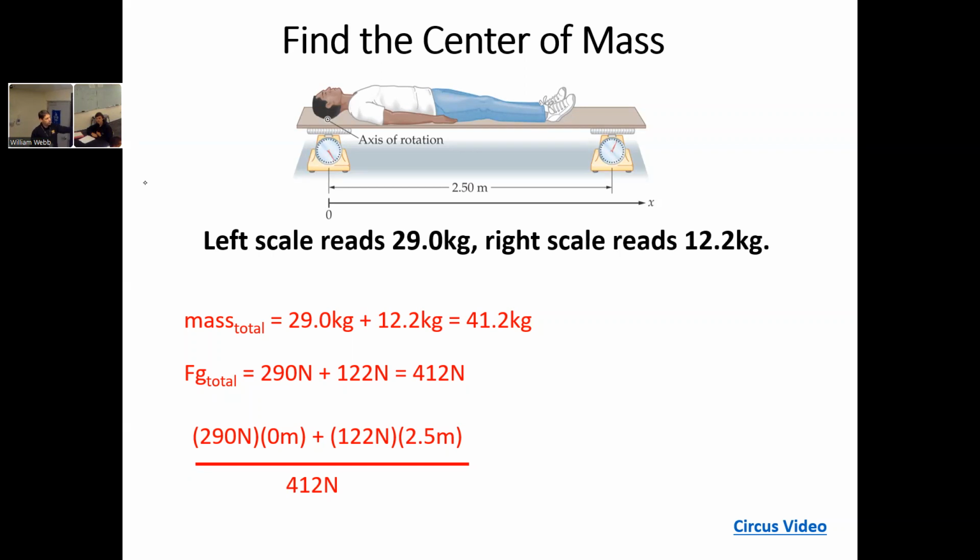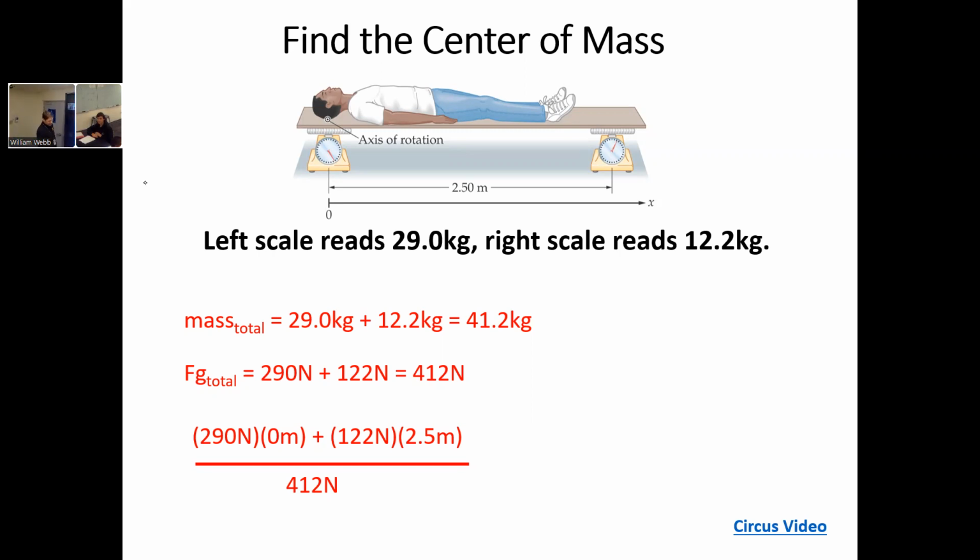Well, if we choose this as the pivot point, that makes things easy, because if this is our zero pivot point, then there is no torque there, because the distance from the pivot is zero. So this just cancels out of the whole equation if we choose that as the pivot point. And then the other one is just the 122 newtons times the 2.5 meter distance.